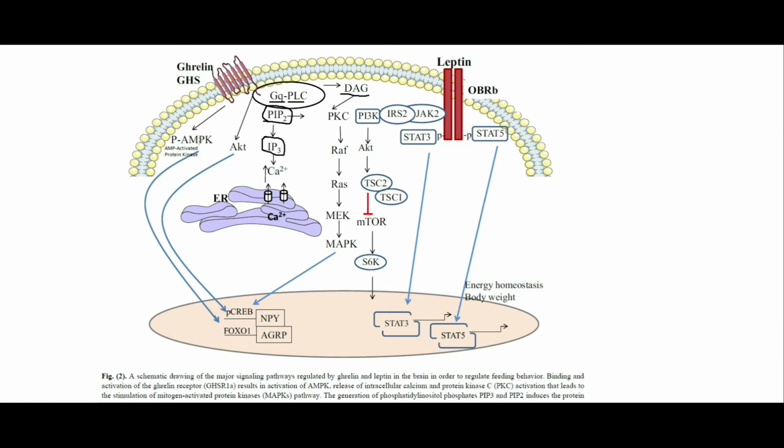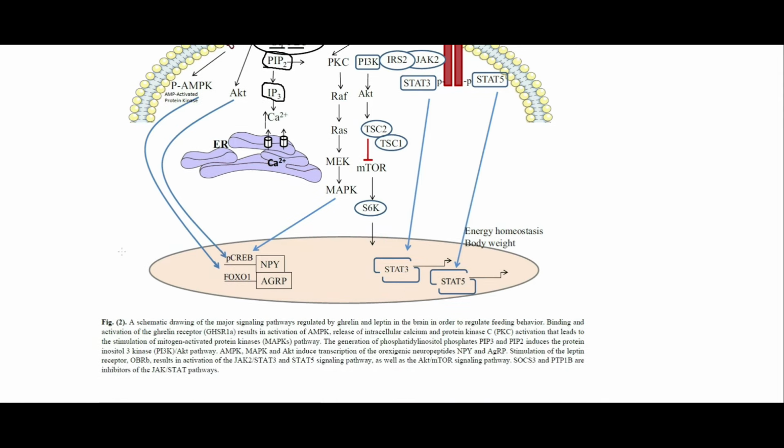So that signals low energy, and Ghrelin tells us to eat, so it's going to want to use this low energy activated kinase. And those go down here and activate these transcription factors like FOXO1, pCREB, which then tells these neurons to express more NPY and AgRP, which are those peptide hormones, those neurotransmitters.